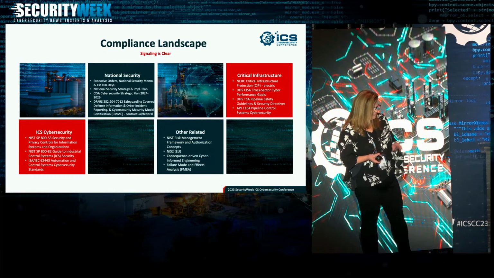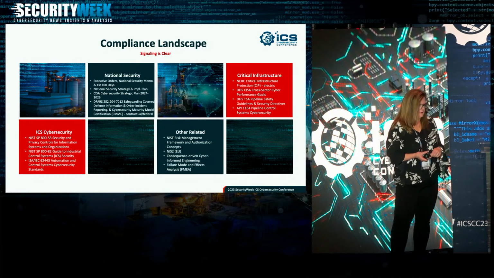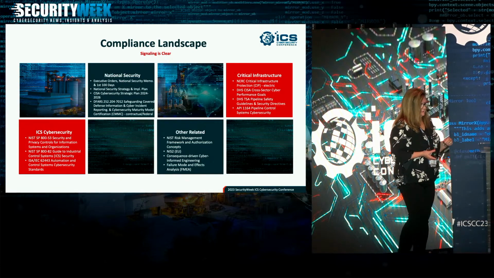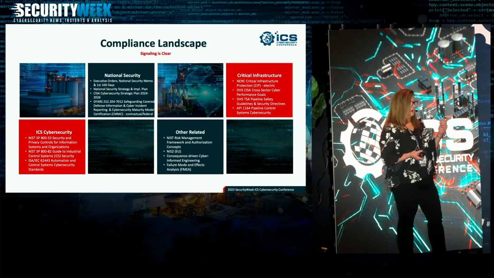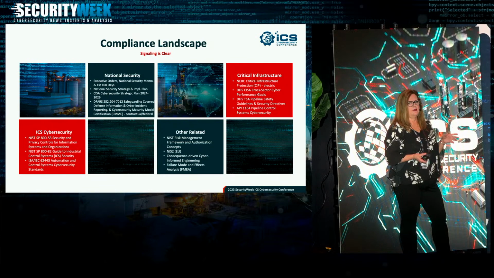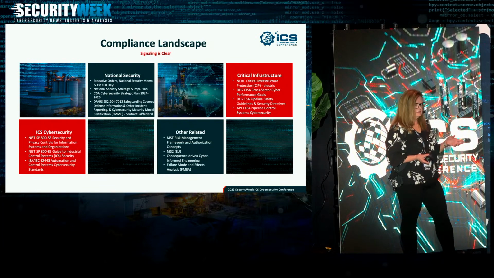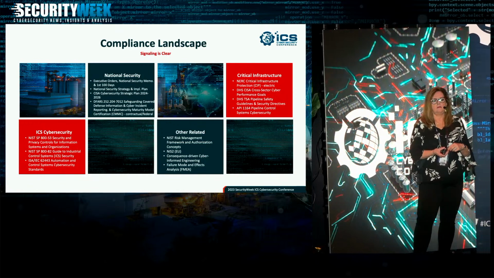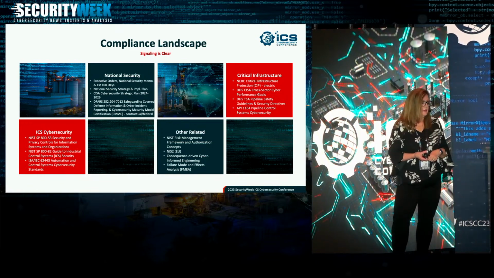But, and I realize a lot of these are US focused, but globally we've just got a lot of signaling about the compliance landscape. So for example, you have a lot of frameworks that already exist, ranging from the ISA/IEC 62443, which we've heard a lot about, the NIST 800-82, which is tied to the 853.